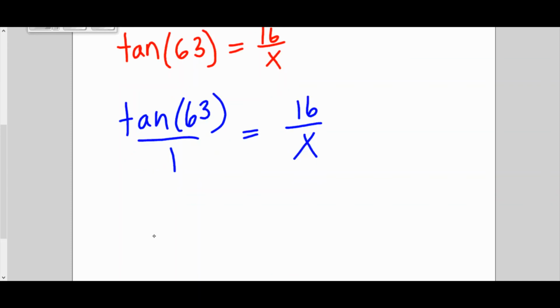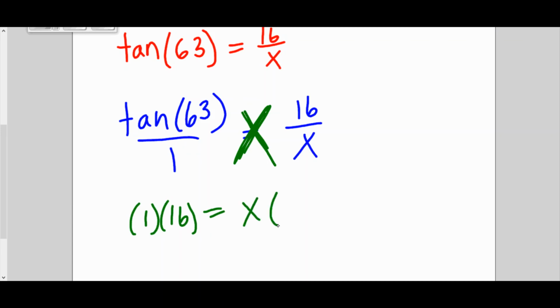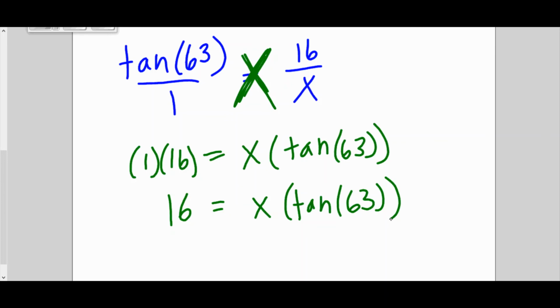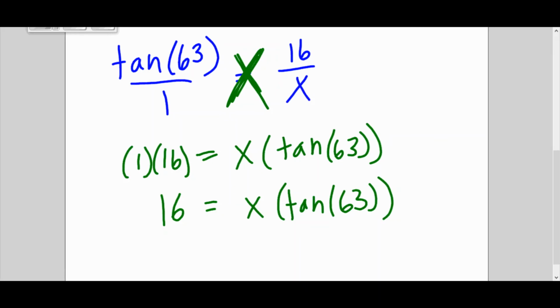So now you're going to cross multiply. 1 times 16 equals, then do the other one, x times tangent of 63. So this is just going to be 16 equals x times the tangent of 63. And remember, we're just going to leave this as tangent of 63. We're not going to approximate it here because we're going to approximate at the very end.